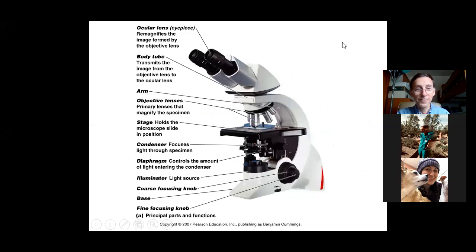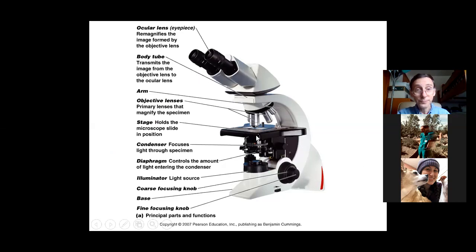So this screen is showing you the important parts. The ocular lens, you should know that. They're also called the eyepieces. The tube, which is this whole thing here, and that's the arm specifically there, which these two parts aren't terribly important. But the objective lenses are important, and they rotate for which objective lens you observe.